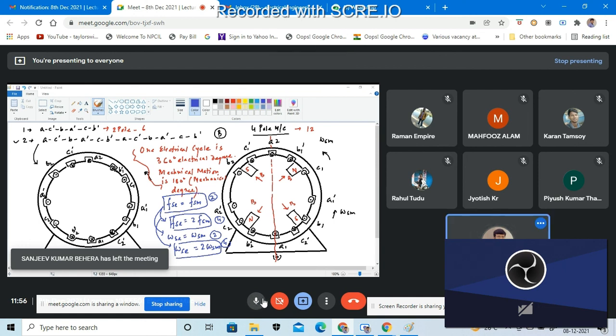Jyotish Kumar, Piyush Kumar Thakur, Rahul Tudu, all are requested to leave.